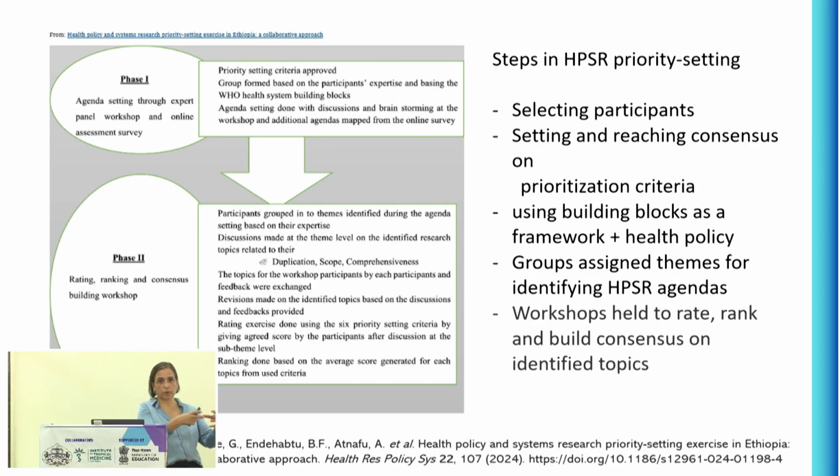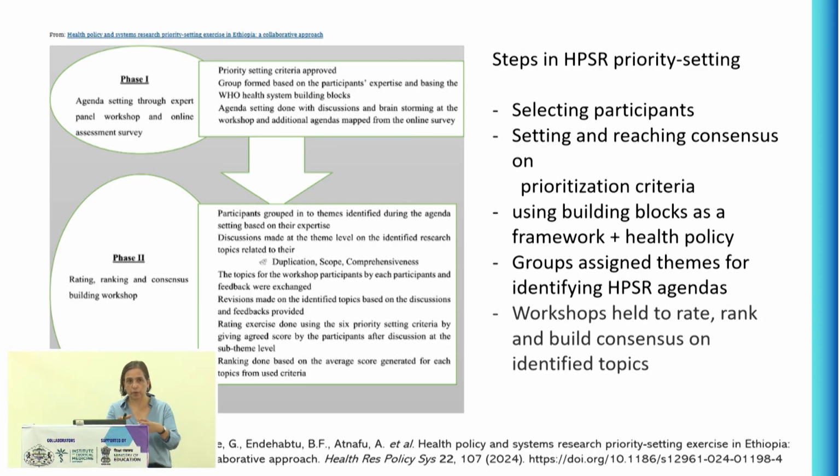So people who had more expertise on the health workforce, people more on health policy, and on financing. And so within each of the building blocks, they then had to do another exercise where they set priorities within the respective fields of the health system. And then they held workshops to rate, rank, and build consensus on the identified topics.